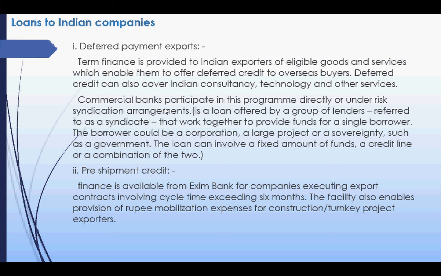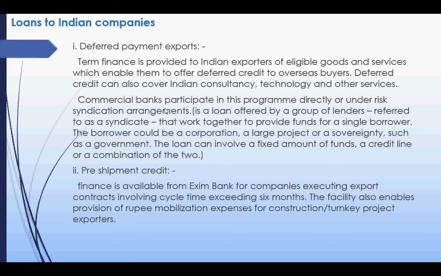Pre-shipment credit. The finance is available from this apex institution for companies executing export contracts involving a cycle time exceeding 6 months. The facility also enables the provision of rupee mobilization expenses for construction projects and turnkey exporters.